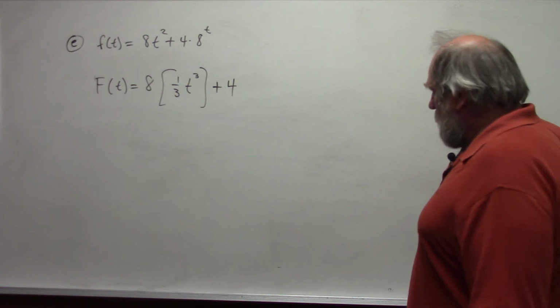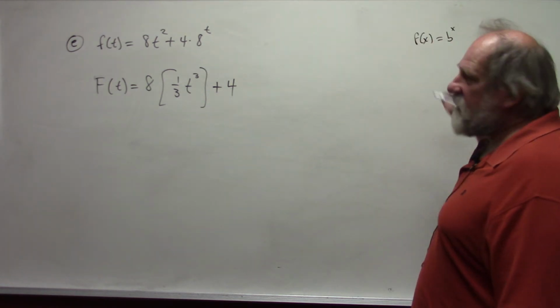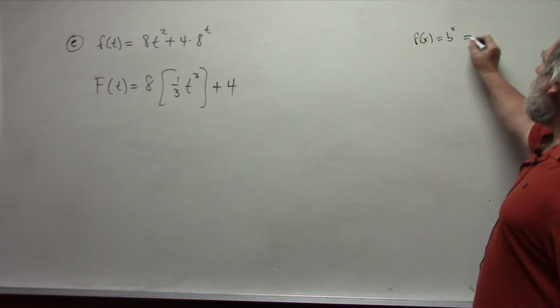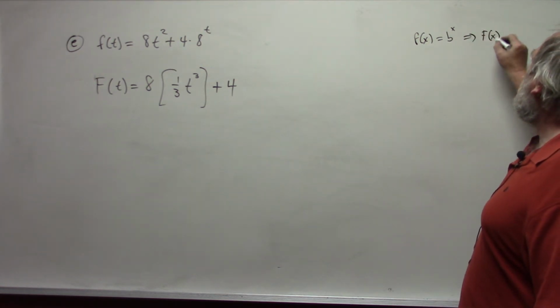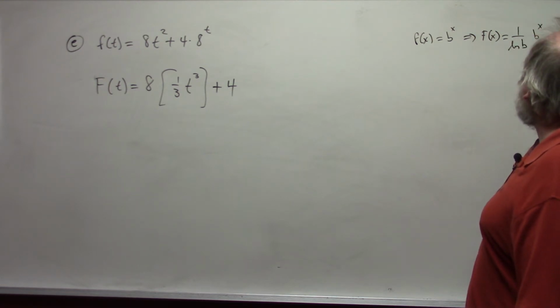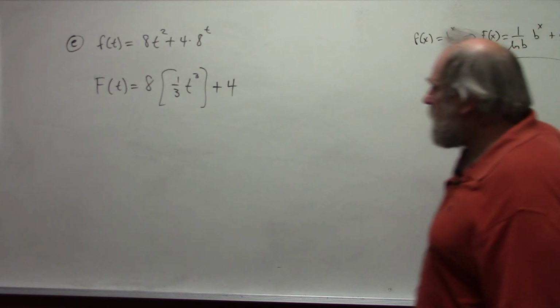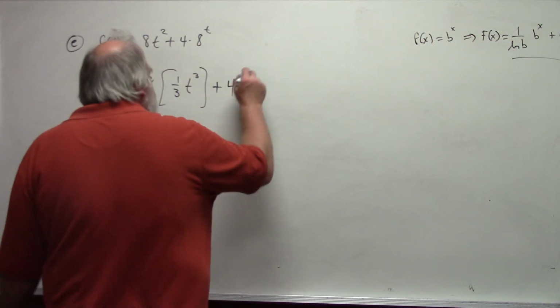And if f of x is equal to b to the x, an exponential function, its antiderivative is 1 over the natural log of b times b to the x plus c. So in this case, again, the 4 stays.